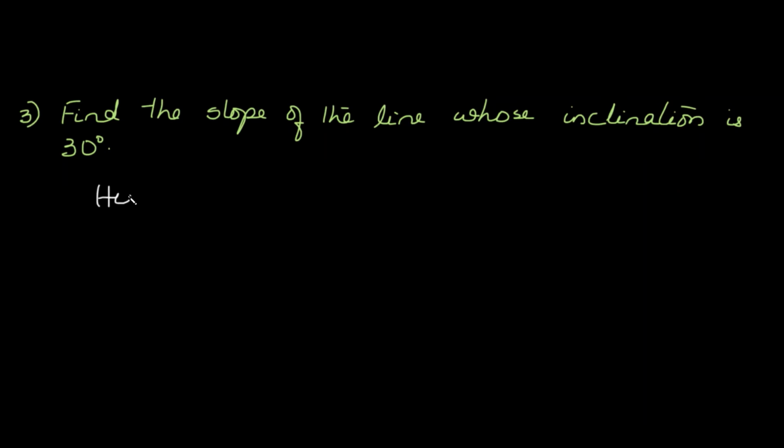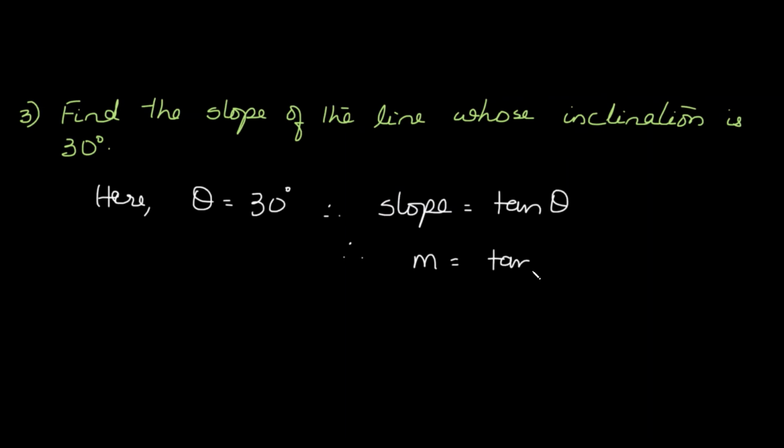So here theta is given as 30, and therefore what is the slope of this line? Slope is given as tan theta, and therefore slope, which is m, is equal to tan 30. This is where your trigonometry comes in useful for you. Tan 30 is 1 upon root 3. So thus this becomes our answer.